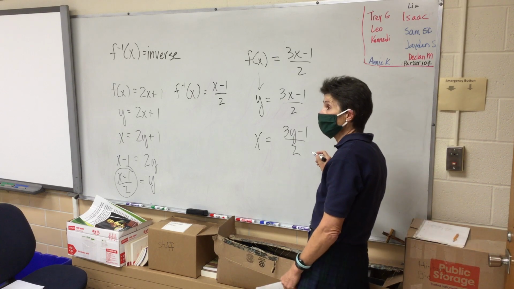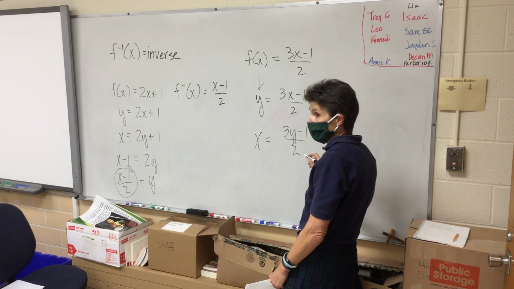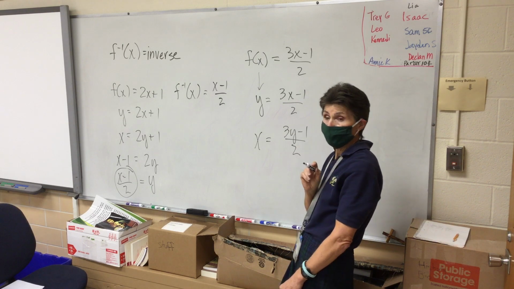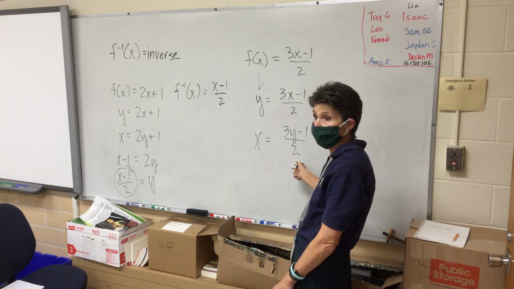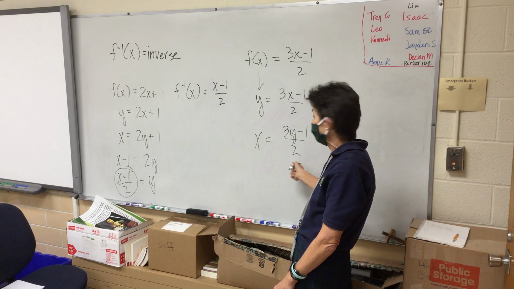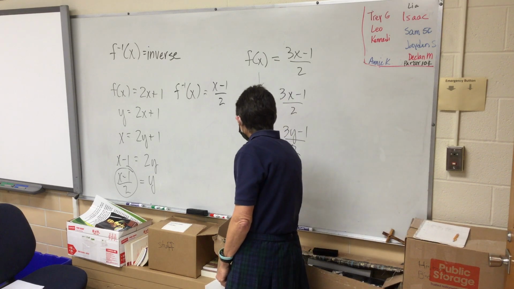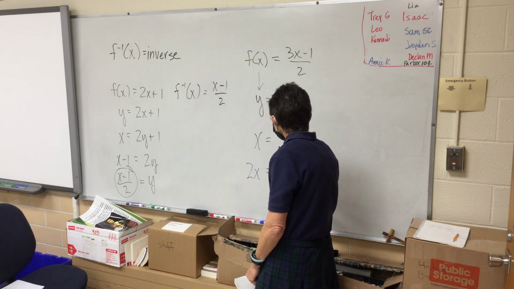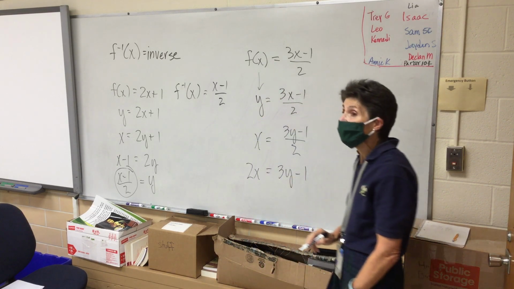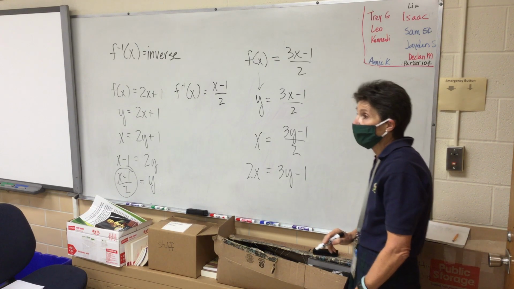And now we're going to get y by itself. So what will we do first? Add the 1? I don't add the 1 first. First I have to multiply by 2. I've got to get rid of that fraction first. So I'll multiply by 2. Now I will add 1.